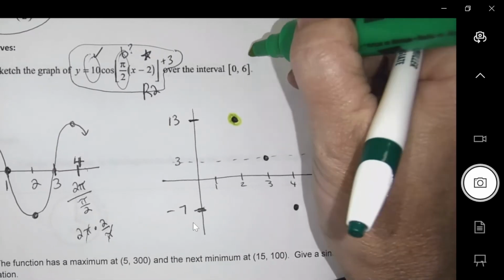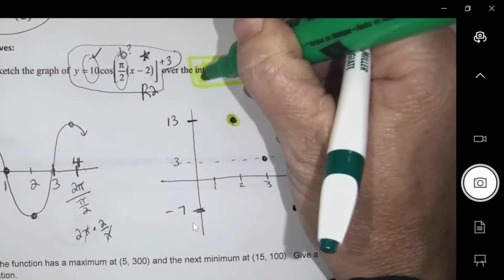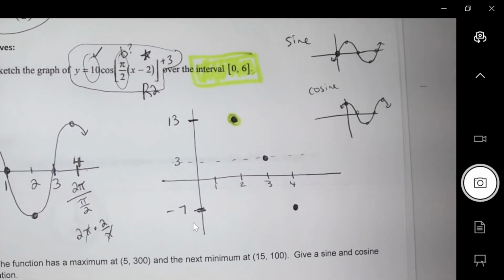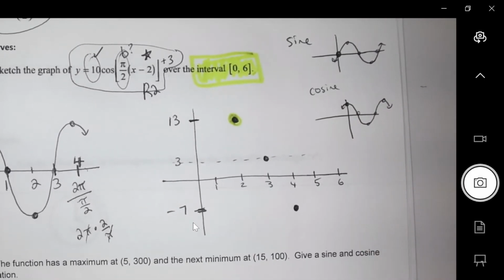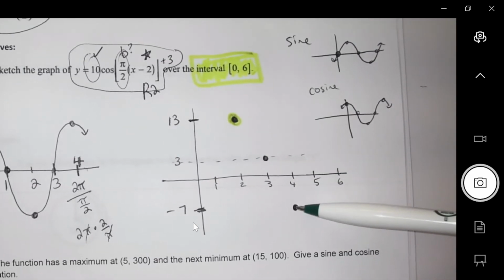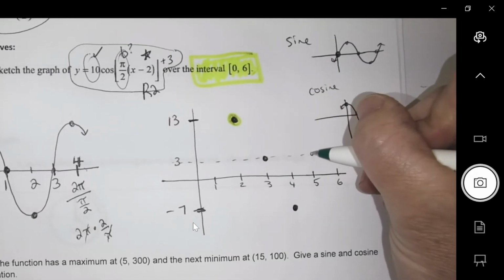By the way, what does this say in the question? You have to go from exactly 0 to exactly 6. So we got to keep going. What's going to be at the ends? What's not going to be at the ends? Arrows. You're not going to do arrows. Okay. So now we're at the bottom. At 5, where should I go to? The middle.